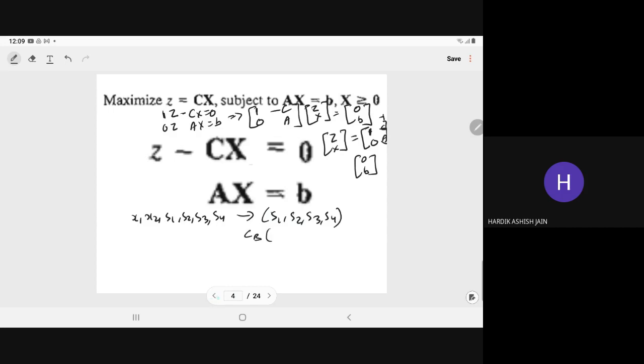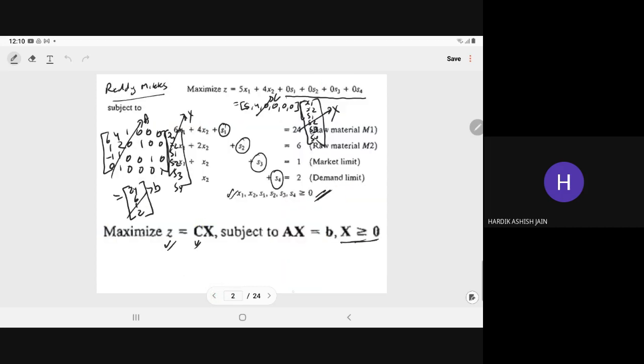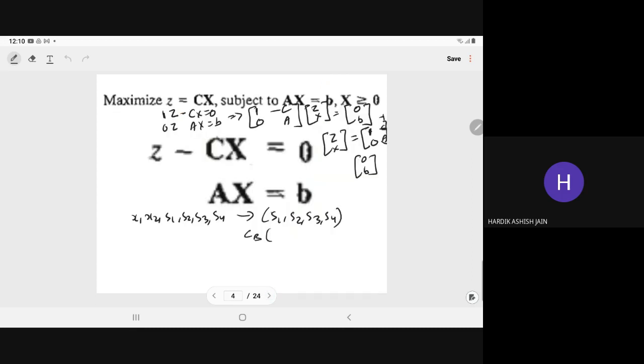Corresponding to s1, s2, s3, s4, the costs are 0, 0, 0 and 0, and the corresponding matrix in A will be the identity matrix. So c_B will be 0, 0, 0, 0, and the basis B will be the 4 by 4 identity matrix.